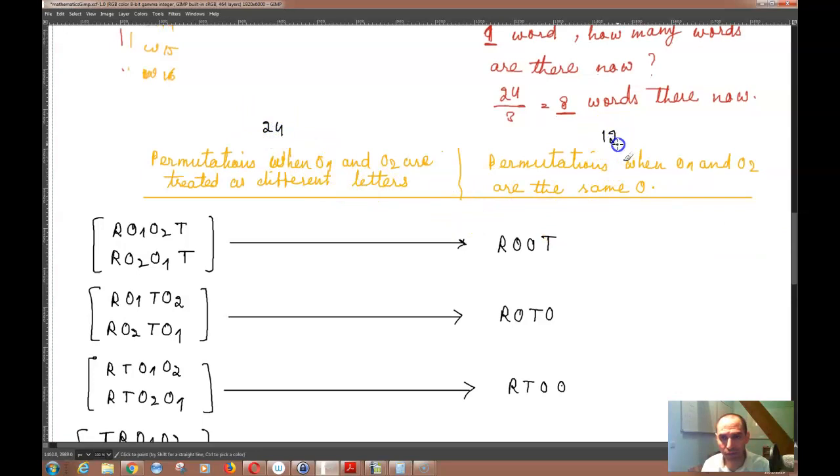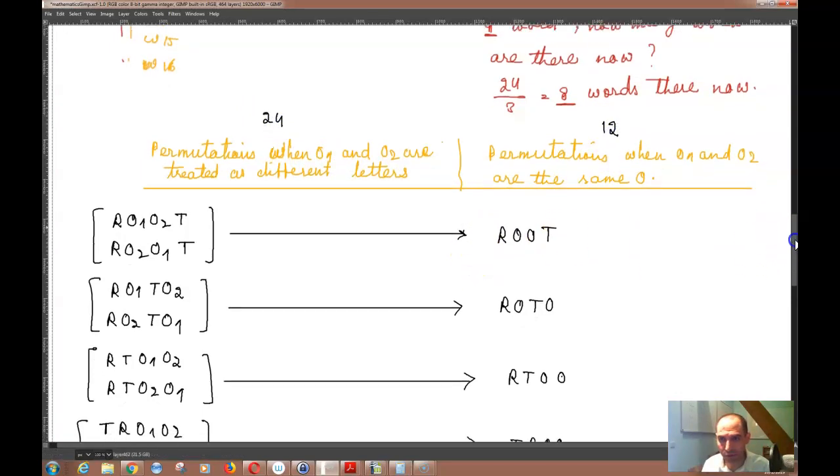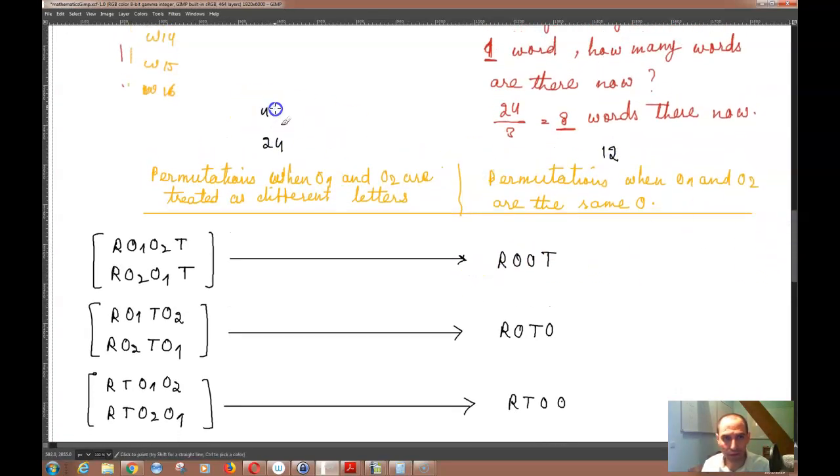Over here I have 12 permutations, which is basically 4 factorial divided by 2 factorial. Now what I have done here is that in total I have 4 factorial permutations here, which is the same thing as 4 times 3 times 2 times 1, which is equal to 24.